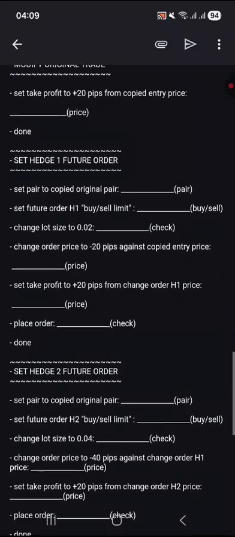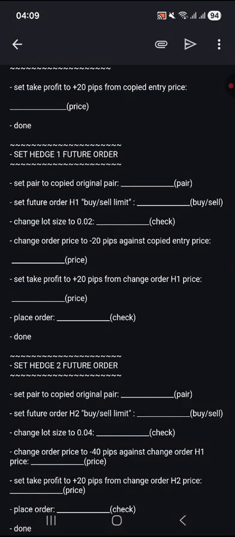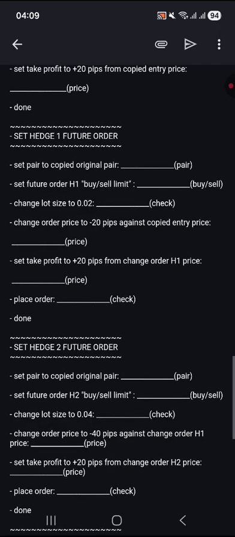I'm done. Then I set 3 hedge orders if the market goes against me. Hedge level 1, future order. I have to set the pair to the copied original pair. Make sure that happens. The system can be tricky, so make sure that you're trading right. If the original trade is in Euro United States dollar, make sure that the future order is also Euro United States dollar. So you set the future order hedge level 1.